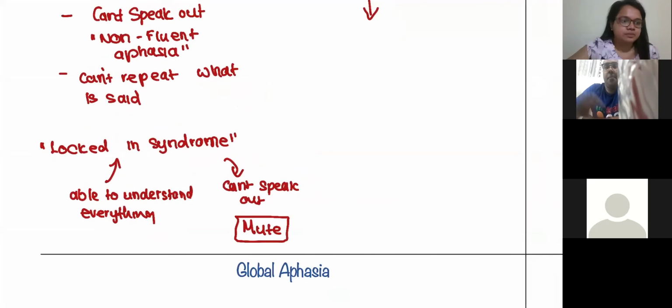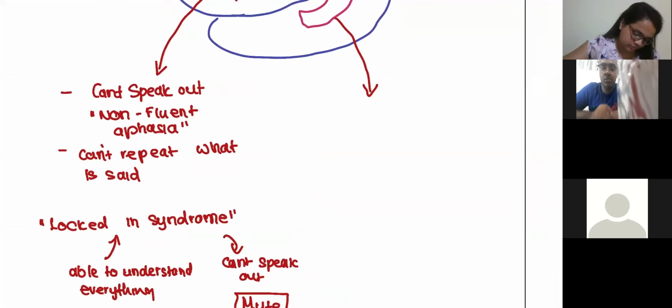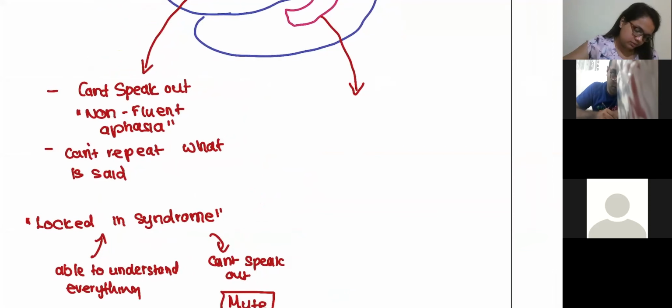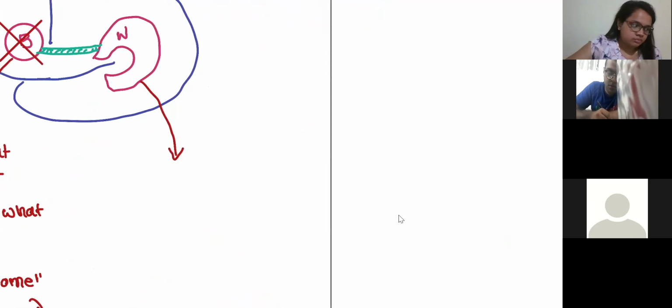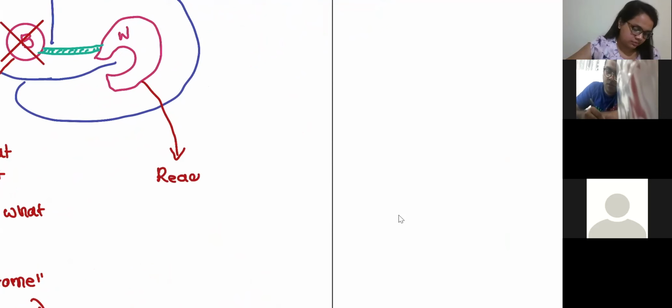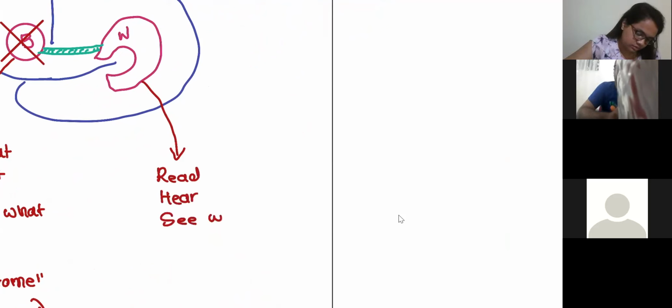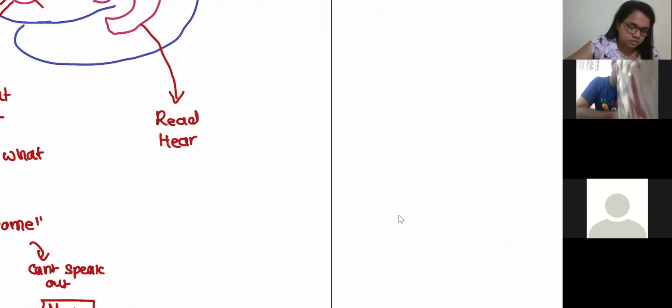Do not assume that these are locked-in syndrome patients. Write it down in your own words. He's a normal person. It's just that he seems to be like that. So this is normal. That means he can read and hear well.